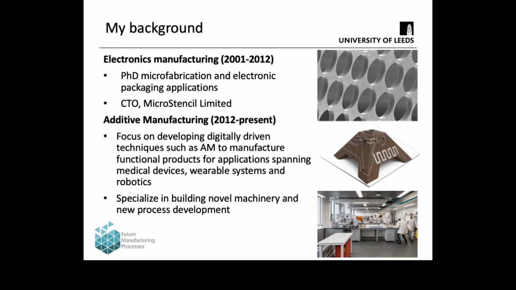Over a 7-year period, I set up a manufacturing base in the UK and manufacturing partnerships in Southeast Asia and China. What's great about this is it gave me the opportunity to see how you take university research and translate it out of the laboratory into industry.